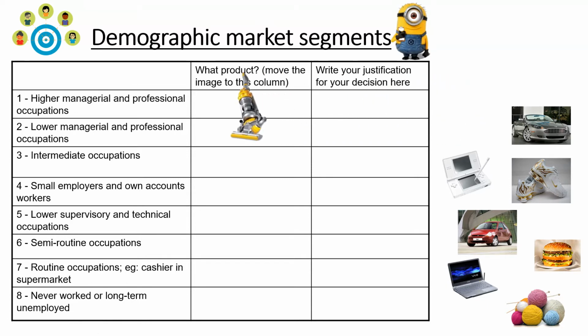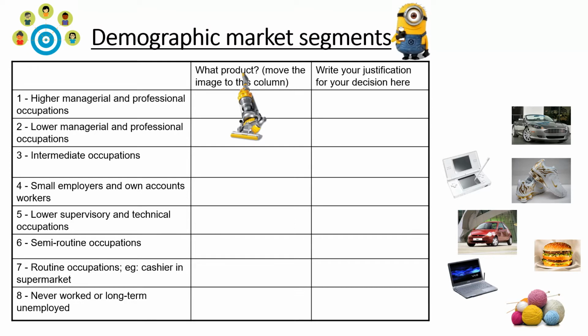I personally think a Dyson is going to be bought by higher managerial and professional occupations, so I'm going to move that image into that space there. And in the justification, I'm going to talk about things like, I know the price of them, they're around about £300–400, that particular one is, and my justification is that they're considered a luxury product because of how expensive they are.